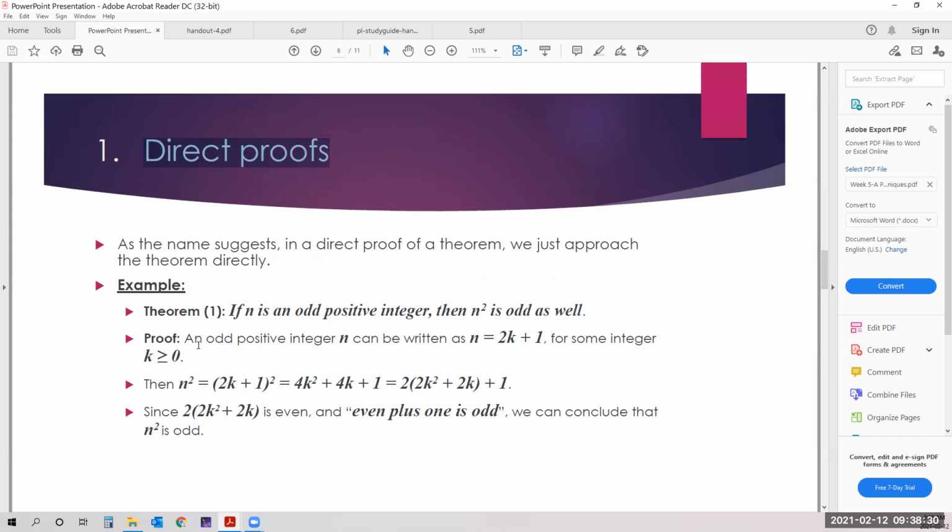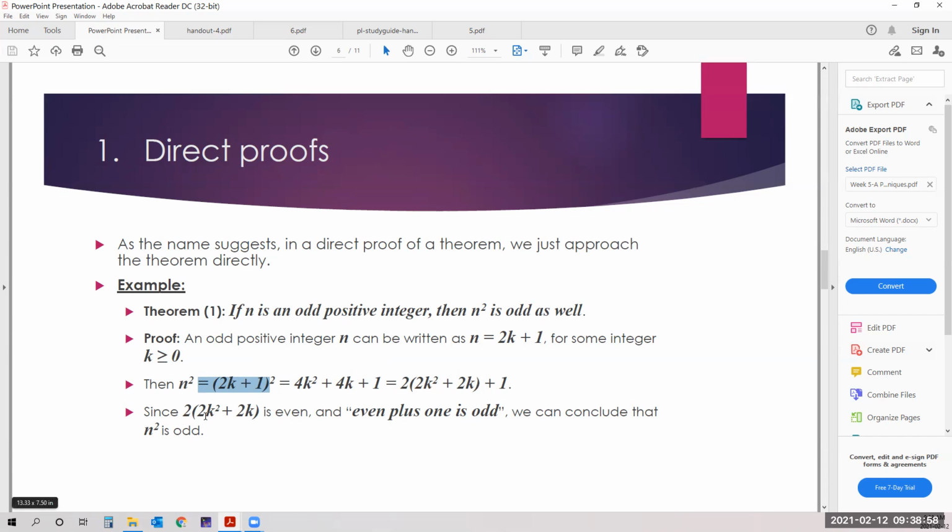Proof: an odd positive integer n can be written as n equals 2k plus 1 for some integer k greater or equal to 0. Then n squared equals (2k plus 1) squared. If we simplify this term, it will be 4k squared plus 4k plus 1, which is 2 times (2k squared plus 2k) plus 1.